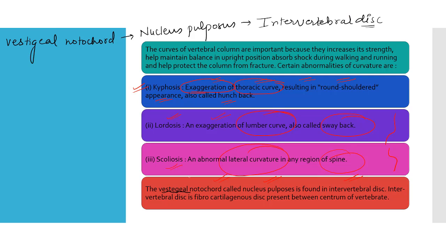The intervertebral disc is fibrocartilaginous, present between the centra of the vertebrae. Okay. The lordosis, kyphosis, and scoliosis are clear. Curvatures are clear.